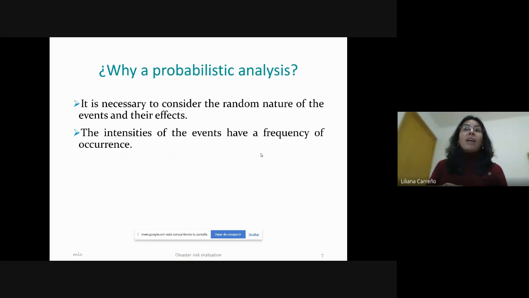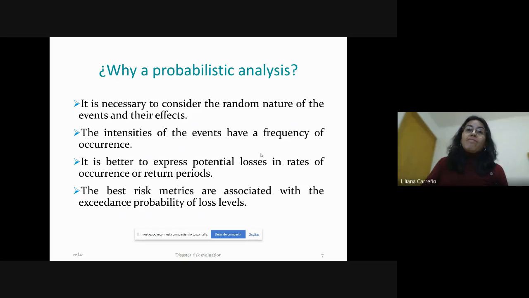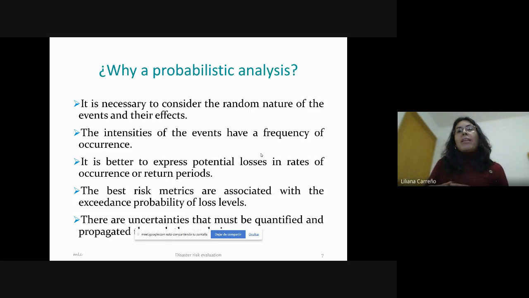Intensities of the events have a frequency of occurrence, and it is better to express potential losses in rates of occurrence or return periods. The best risk metrics are associated with the exceedance probability of loss levels. And there are uncertainties that must be quantified and propagated through the analysis.